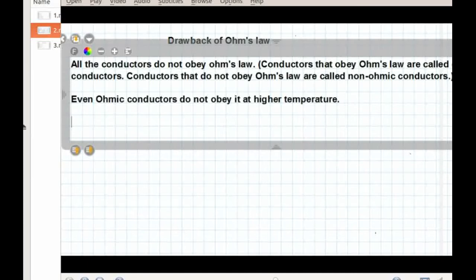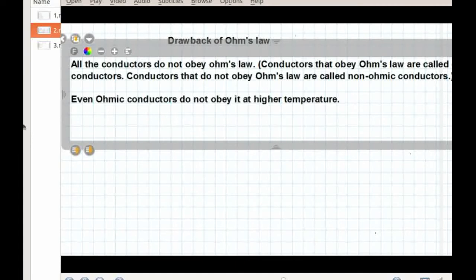Then even ohmic conductors do not obey Ohm's law at higher temperature, because at higher temperature the resistance will increase substantially, and the definition of Ohm's law is like this: at a constant temperature the current through a conductor is directly proportional to the potential difference across it, or potential difference between the ends.